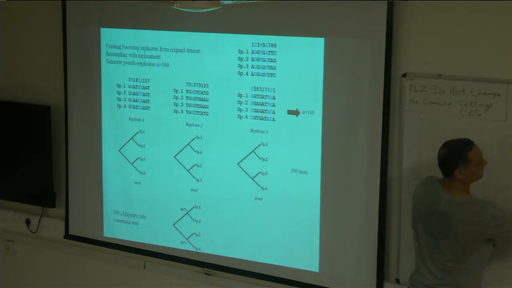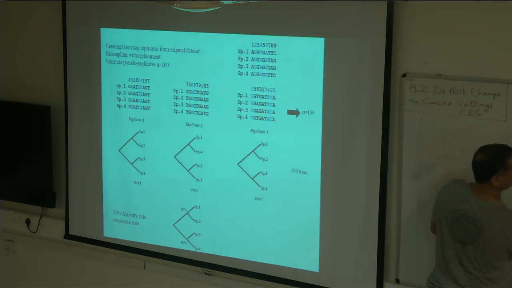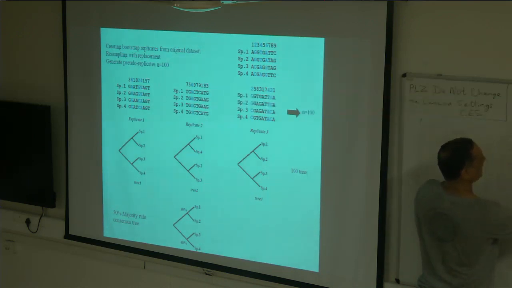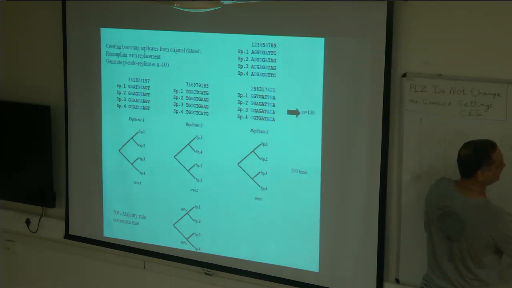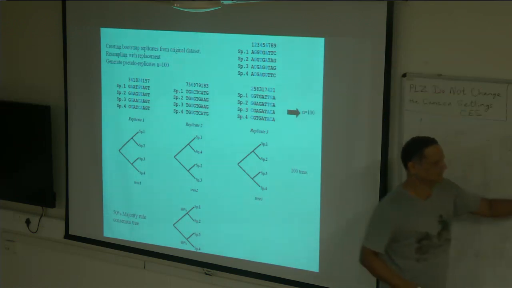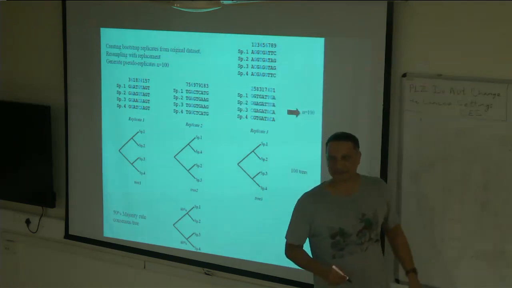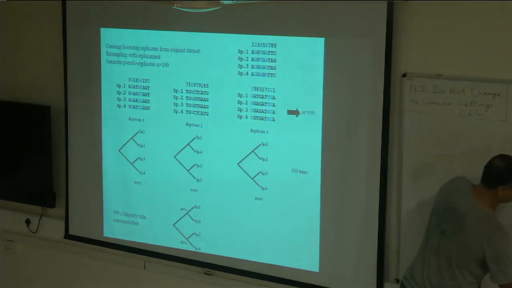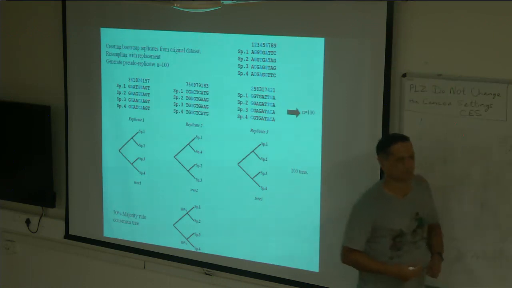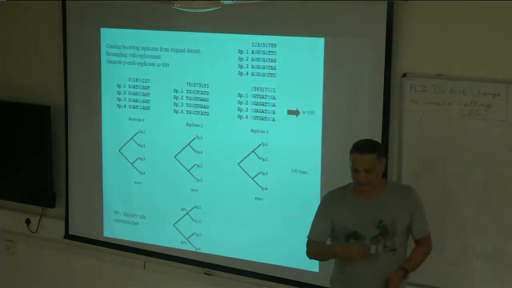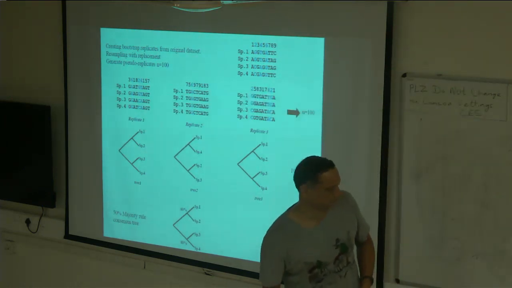Let's say this node has 65% support and this one has 50%, then it will show it. If it has less than 50%, it will collapse it.